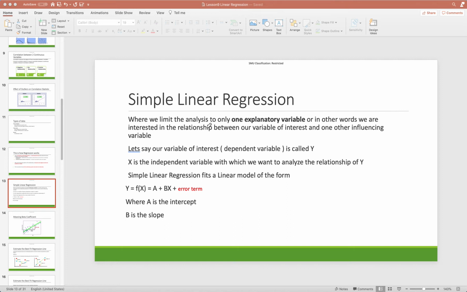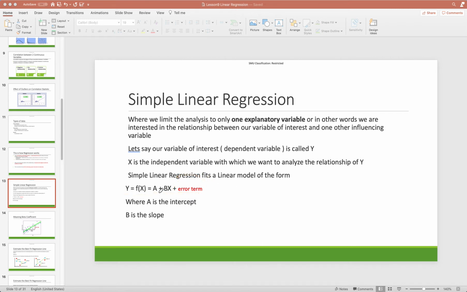Now, x is basically your independent variable, and we come up with this equation. You might have already seen this. This is basically the equation of a straight line. So y is a function of x: y = a + bx plus the error term. Now this error term is basically symbolic, and we actually don't write it down in the equation.